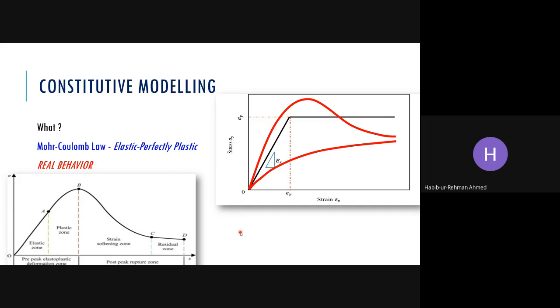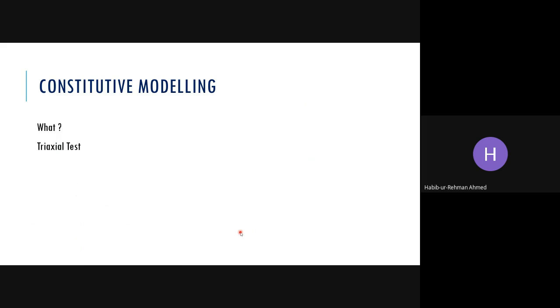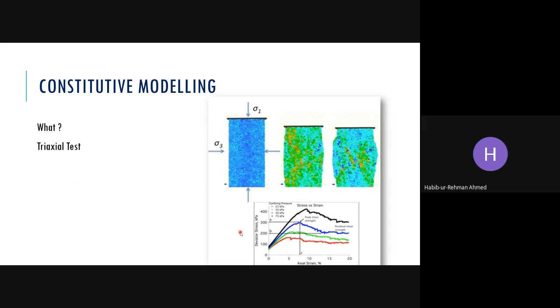Okay, so just to give you more flavor of the complexity of the soil behavior, you can see here, this is one of the dot modeling of the different parts of a triaxially loaded specimen. You can see here, this is the unloaded specimen.